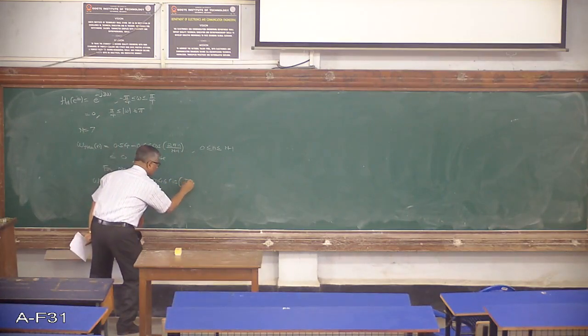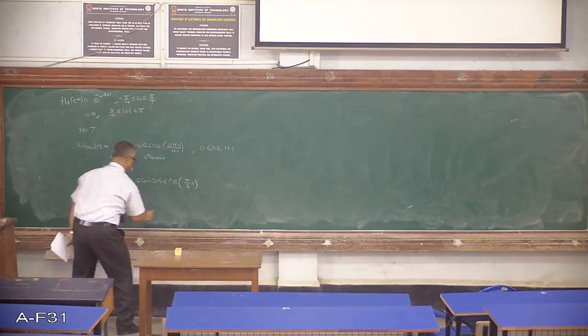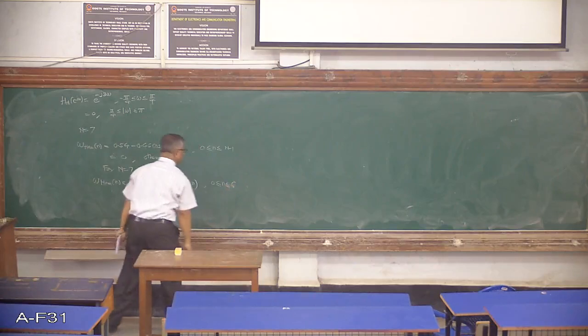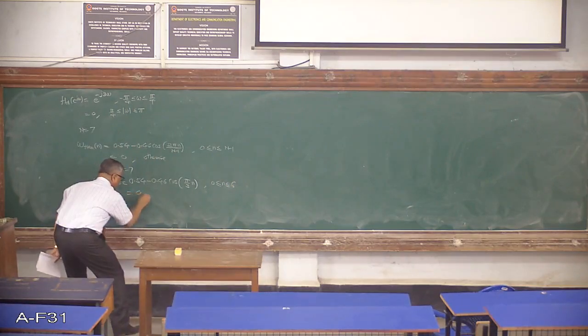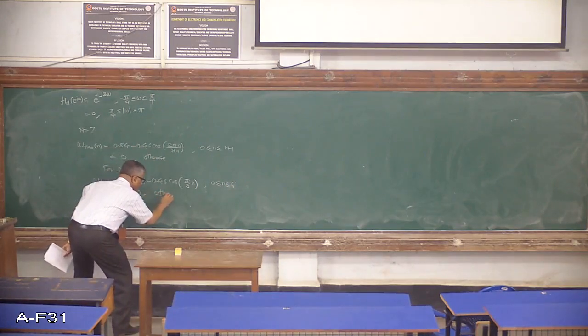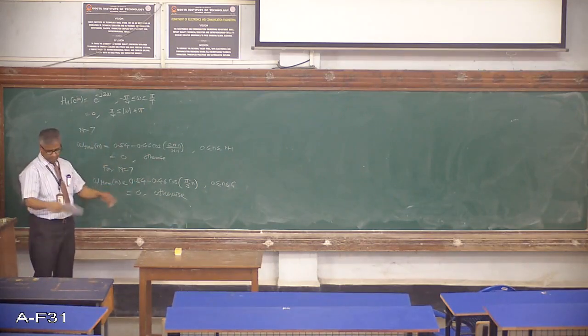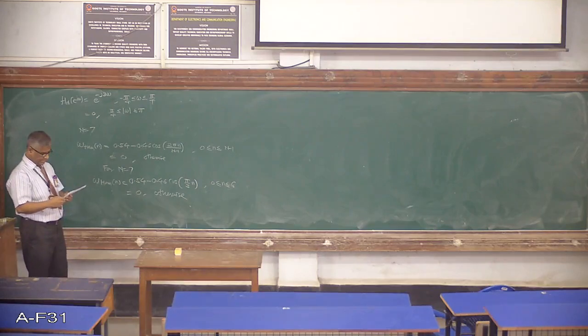This is for the interval 0 less than or equal to n less than or equal to 6, and it is 0 otherwise. So this is the Hamming window of size 7.